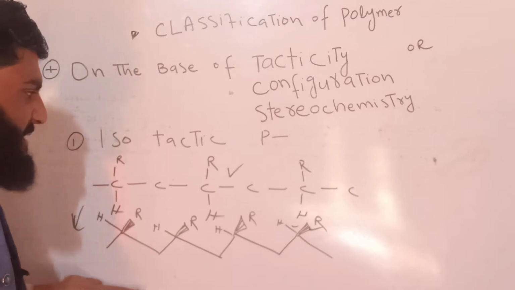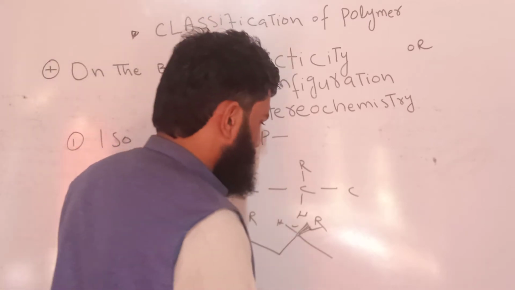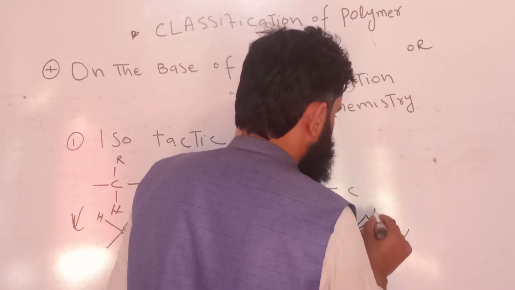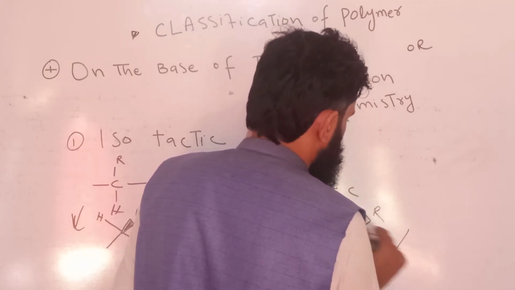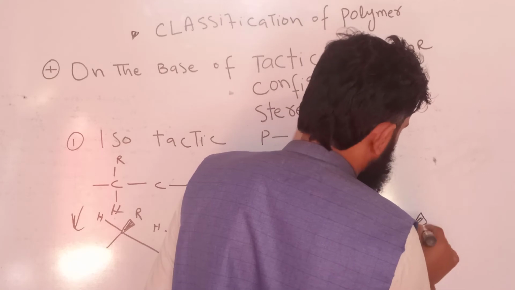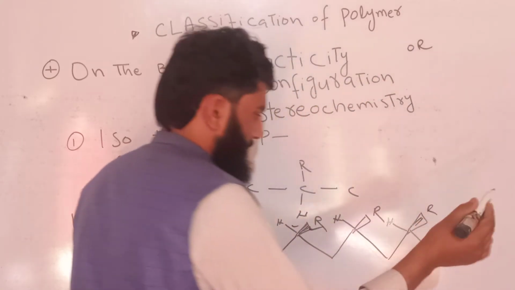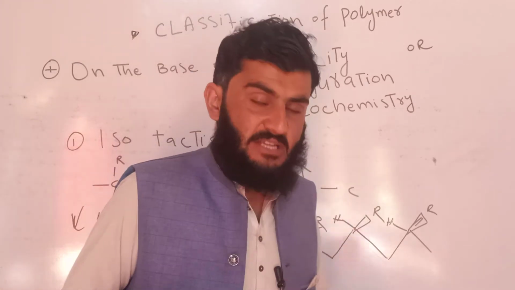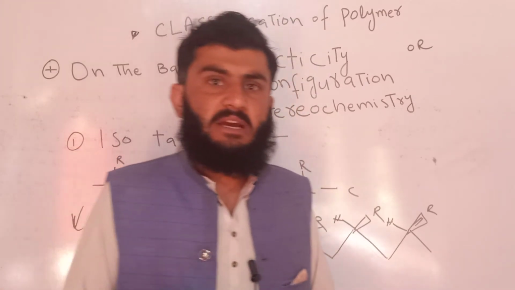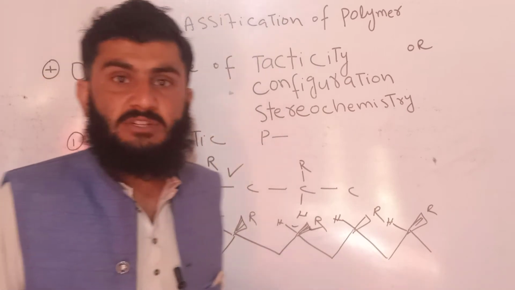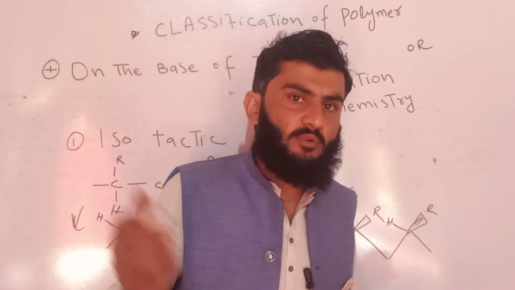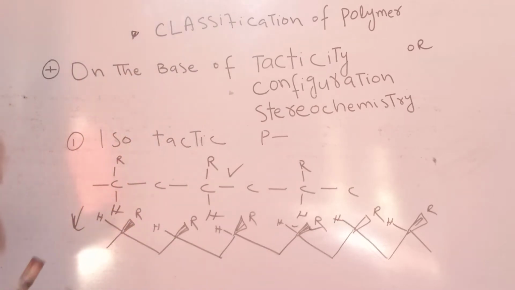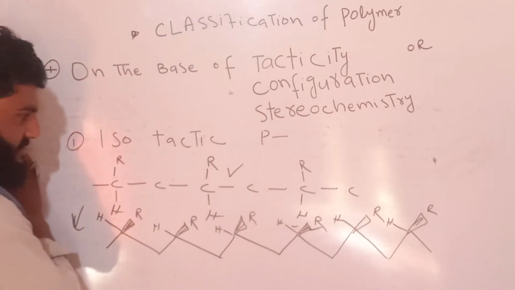So this is the representation of isotactic polymer. Here the monomers are arranged in such a manner that every step has the same stereochemistry, geometry, configuration. Okay, so this is isotactic.